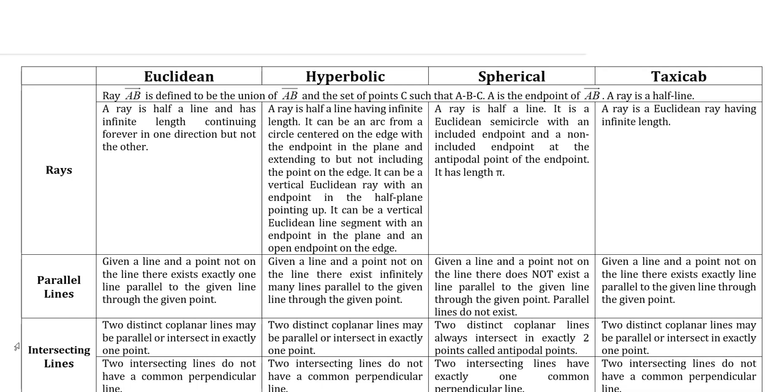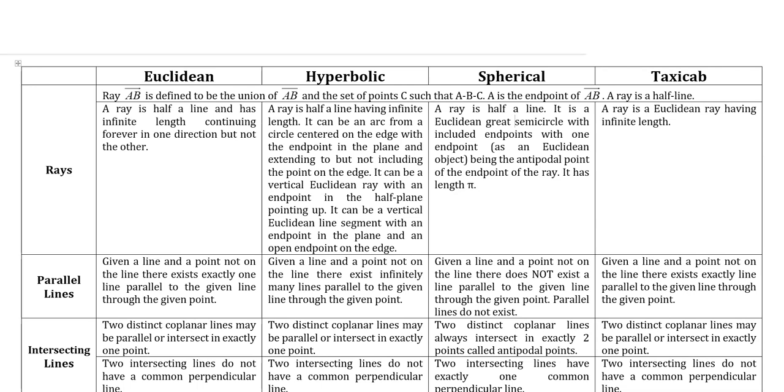In spherical geometry, a ray is again half of a line. It's actually just a Euclidean semicircle including both endpoints. And it's not just any Euclidean semicircle, it's a Euclidean great semicircle, half of a great circle.